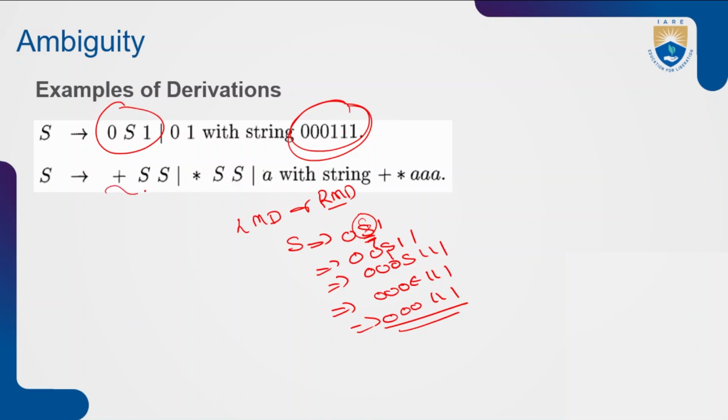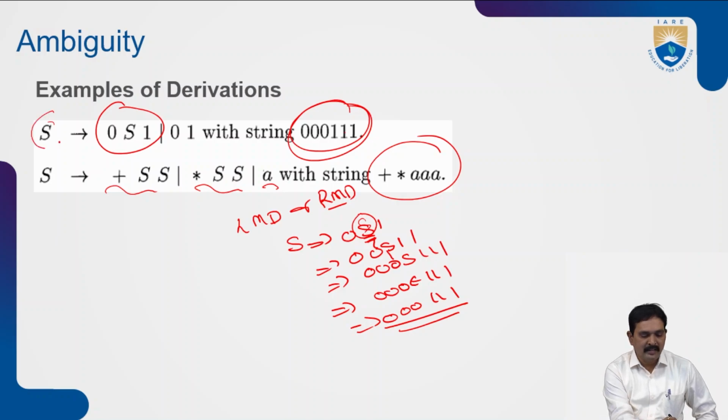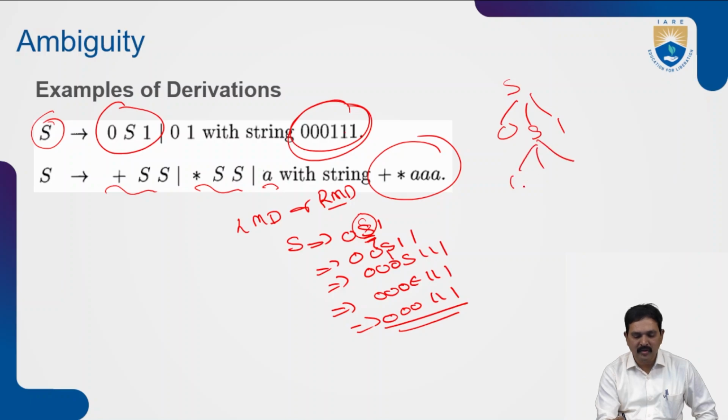In a similar way, you can also try this another example for obtaining this string, with both leftmost and rightmost derivations. After that, you try to construct the parse tree also. It is a very easy representation, because in this case you should start like this: S goes to 0S1, again becomes 0S1, and again becomes 0S1, and finally becomes null with the help of this production.